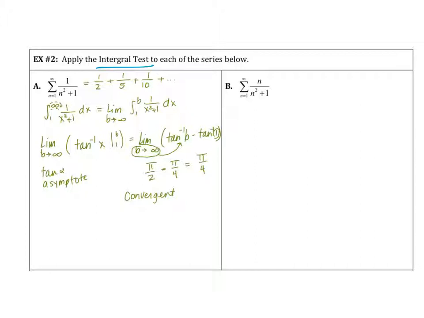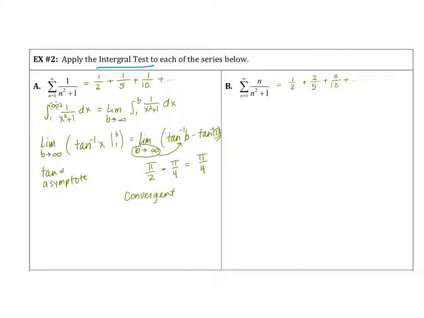Looking at some of the terms, if we plug in, we're going to have a half plus 2 over 5 plus 3 over 10 and so forth. So notice that we are positive, it does look like we are decreasing, and this is continuous.